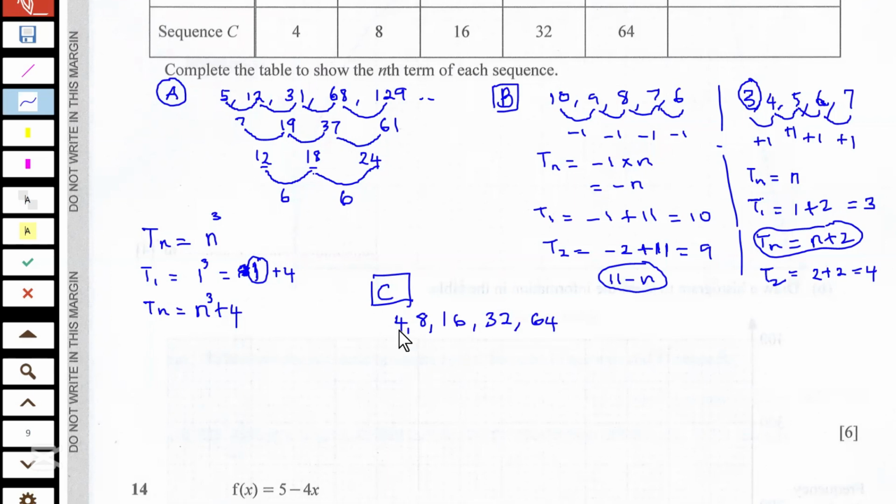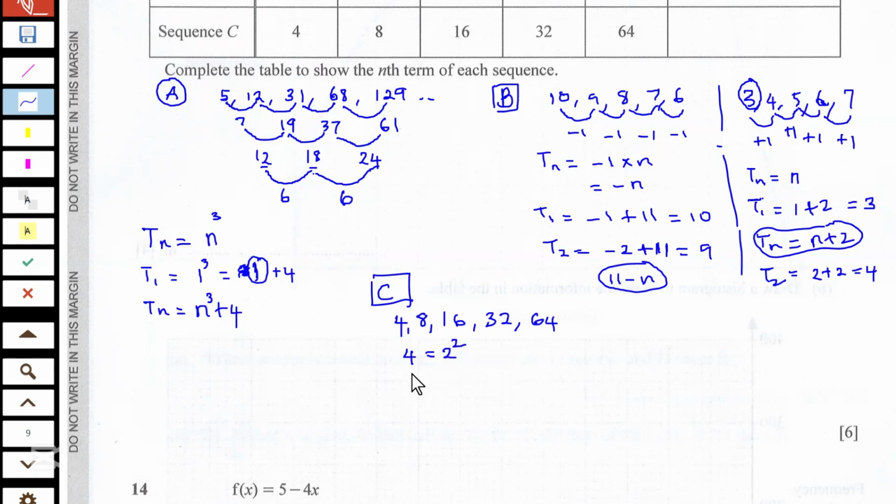Okay, now this sequence from the first term, which is 4, the second term is 8, 16 as the third term, 32 and 64. You will observe that we can actually say 4 equal to 2 square.